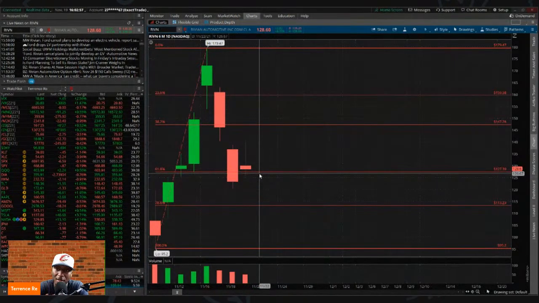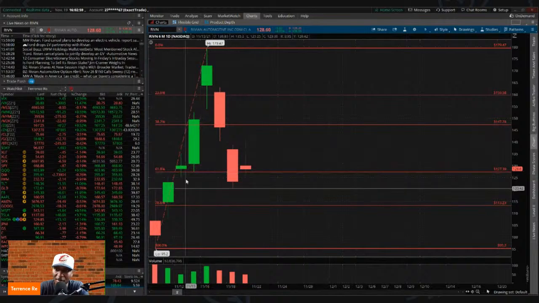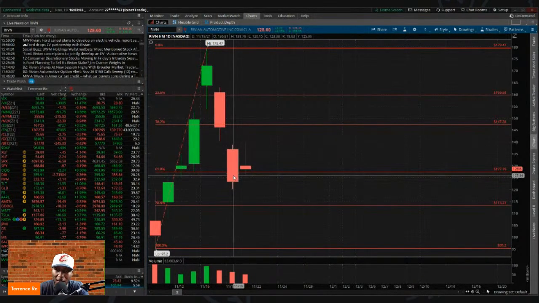I traded in here a little bit, buying shares and scalping it, but I don't know if I would want to be a long-term holder of stock in Rivian at this moment, just because you don't know exactly what the stock is going to do, especially with them making a statement like that.